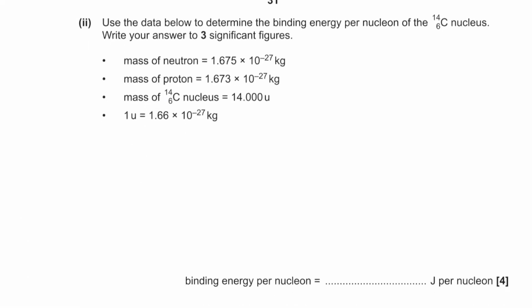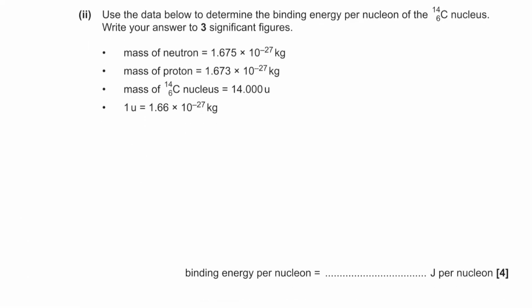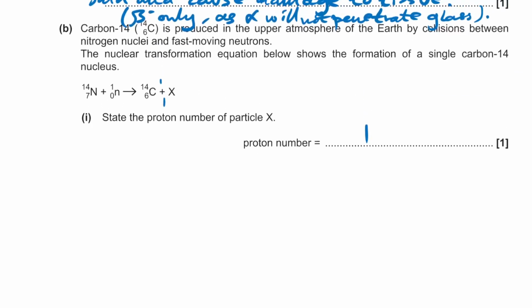Weird question. Oh, binding energy. Yes, I love binding energy questions because they're really, really easy. Use the data to calculate the binding energy per nucleon of the carbon-14 nucleus. Okay, so we have our masses.